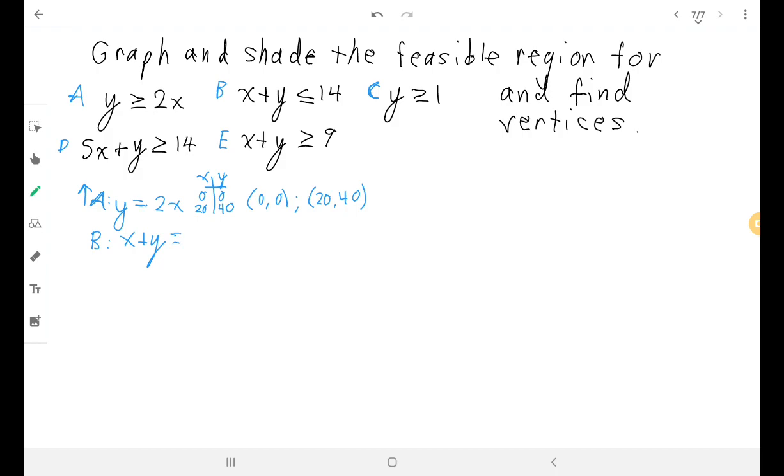Intercepts for x plus y is less than or equal to 14. We'll worry about equals 14 because we're worried about getting points here. The x-intercept would be the x value when y is 0, and if y is 0, you should see that x would equal 14.